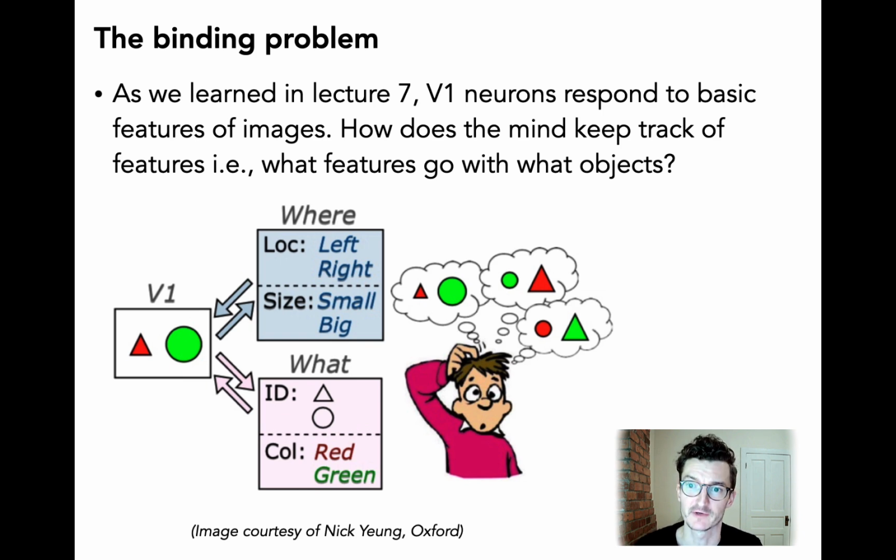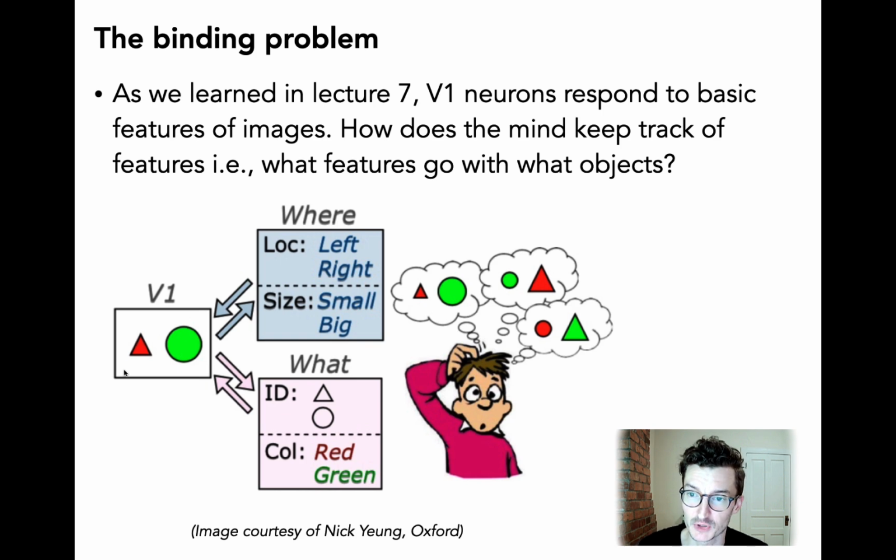So if we're starting from basic features, how do we keep track of what features belong to the different objects that we look at in a scene? Right? So if you think about this situation where you're staring at a red triangle and a green circle, and neurons in primary visual cortex respond to the different features of these objects.